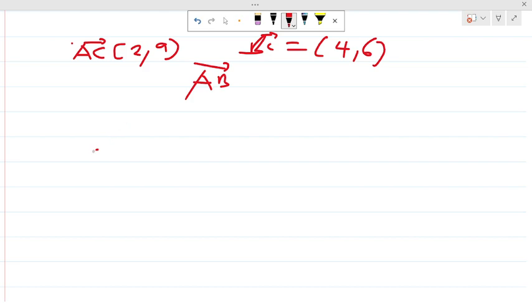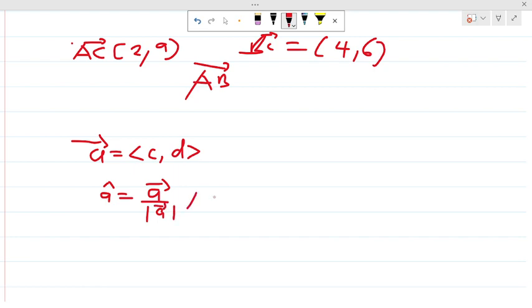Now, say we have a vector A with components C, D. If you are asked to find the unit vector of this vector, it will be equal to that same vector divided by the magnitude of that vector.